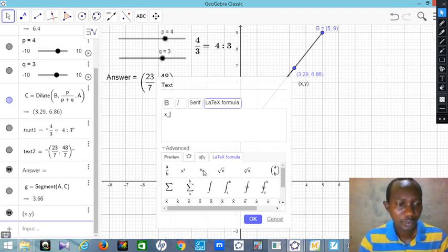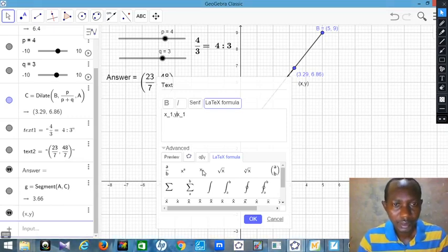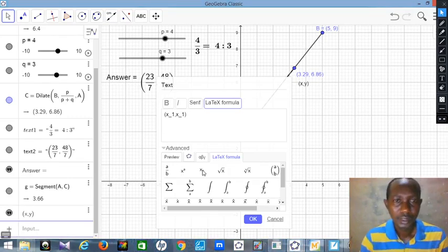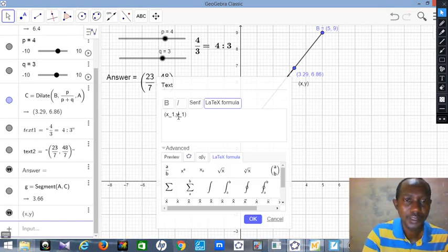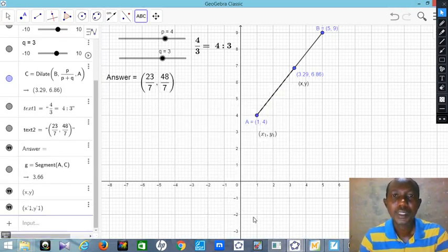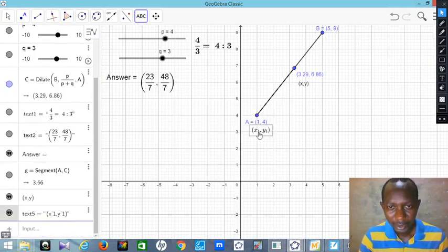So this is X1, comma, then we have our Y1. I need my brackets here, and close brackets here. Okay, so this is X1, Y1. I think you can see it clearly. So 1 is X1, 4 is Y1.